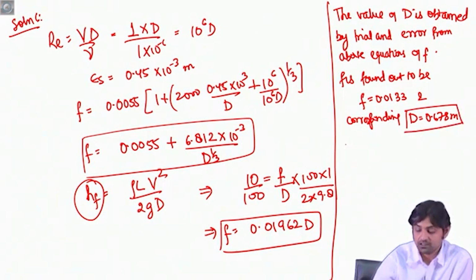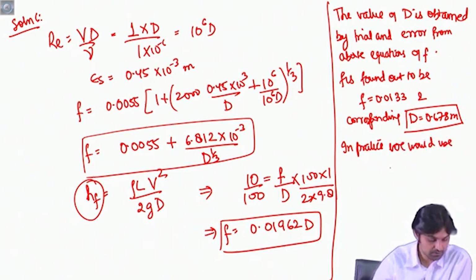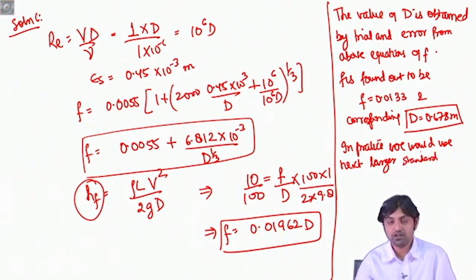If there is a practical problem, in practice we would use the next larger standard size, because it's very difficult to design 0.678 meter, maybe 0.7 meters is available.